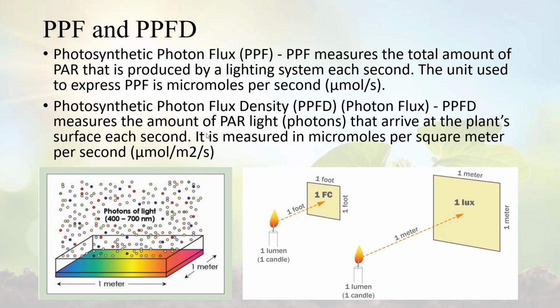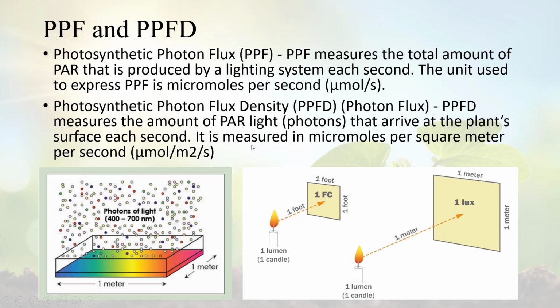Now if we're looking at a light source, a light or even the sun, how many micromoles, or photons essentially, think of it as how many photons of light within that range of 400 to 700 nanometers are being produced a second. And that is photosynthetic photon flux, PPF.